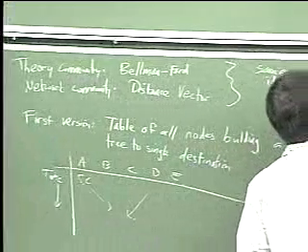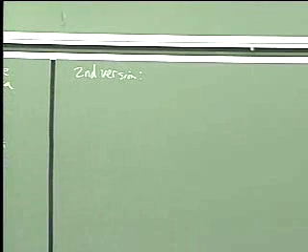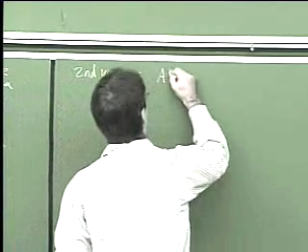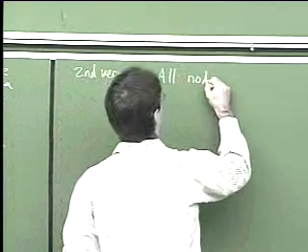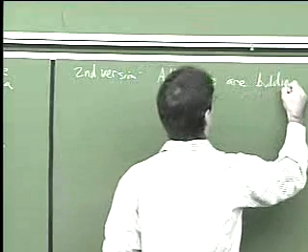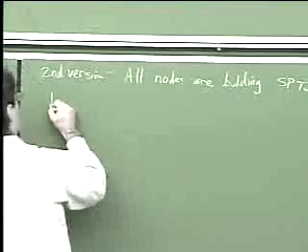is not really a second version. It's the same protocol, just done to greater completion. Is where all nodes are building just path trees to all destinations.